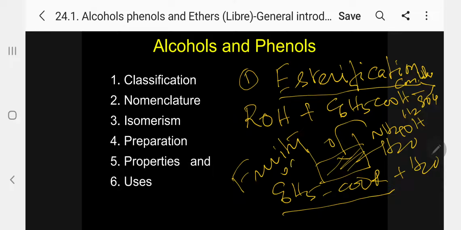Fruity smell shows the presence of alcohol. The same test you can apply for an aromatic acid also, by using alcohol. So this is the most important test for alcohol. Kindly follow. This is the way we have to test for alcohol.